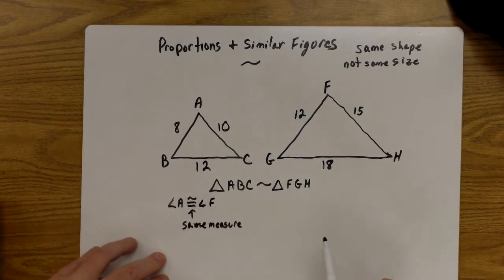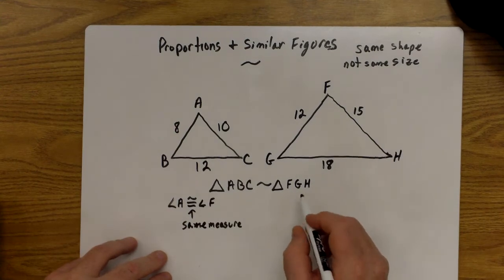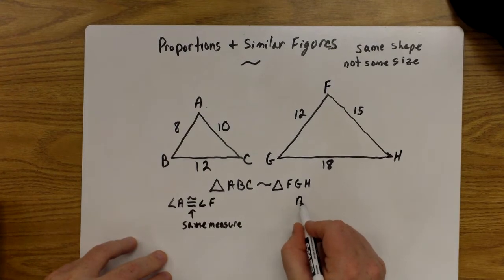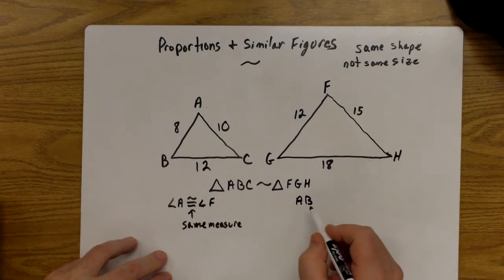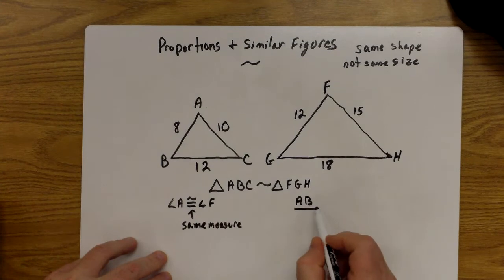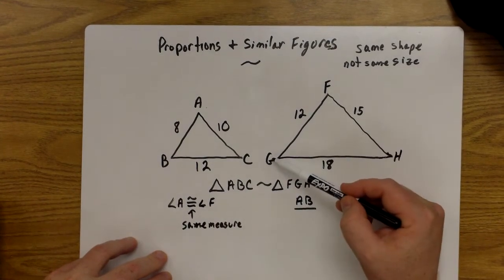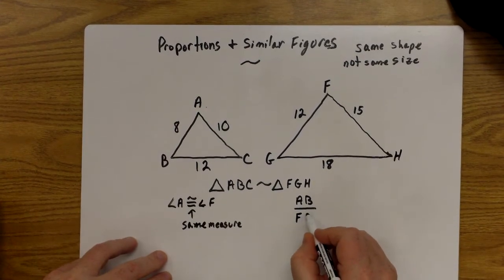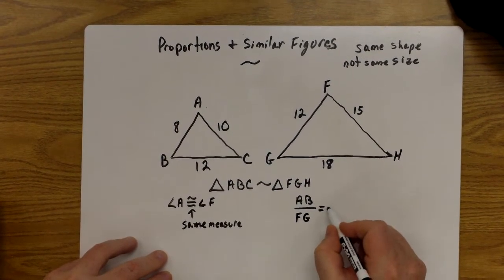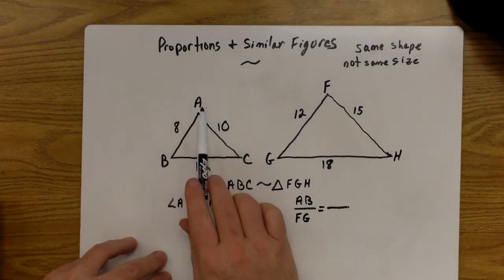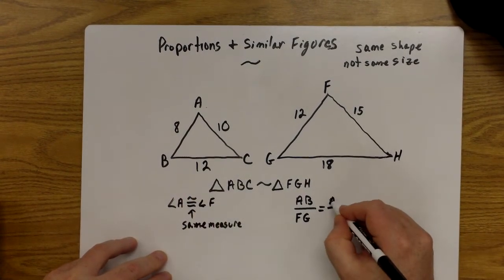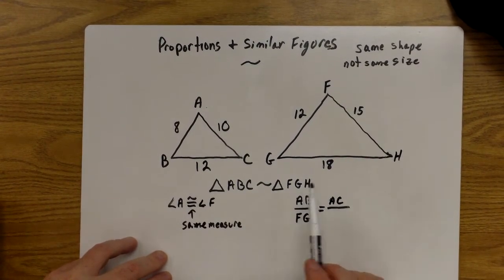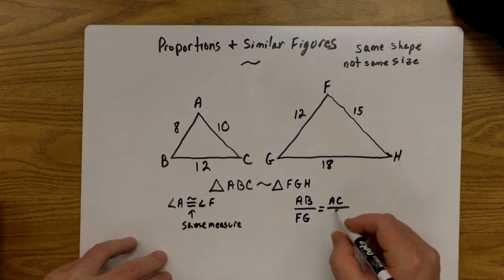Well, it turns out that corresponding sides are also proportional. So if we take this side over here, which is AB, and place it over the ratio of its corresponding side, FG, so AB over FG, it would be in the same ratio as any other side, let's say AC, and the corresponding side to AC, which is on the outside, would be FH, which is over here.